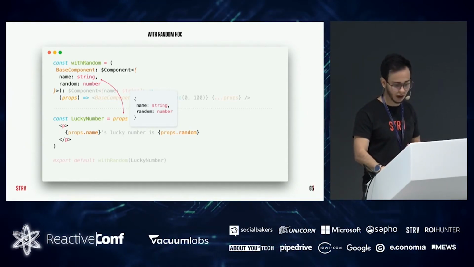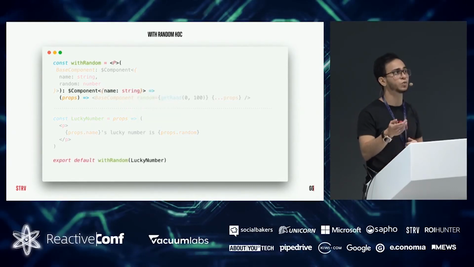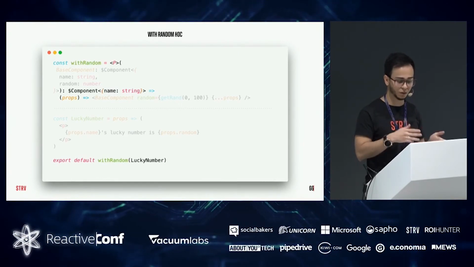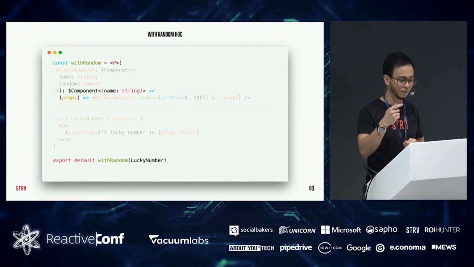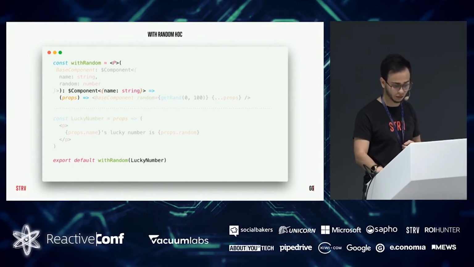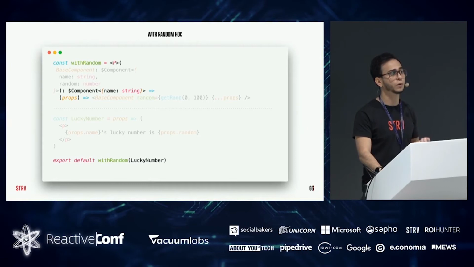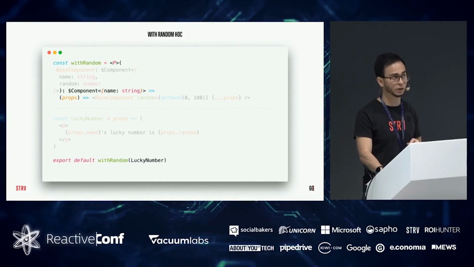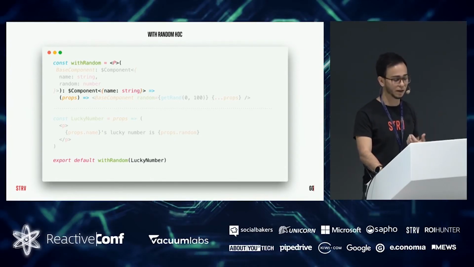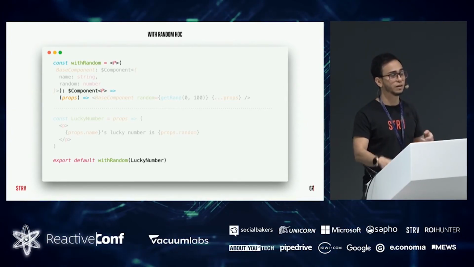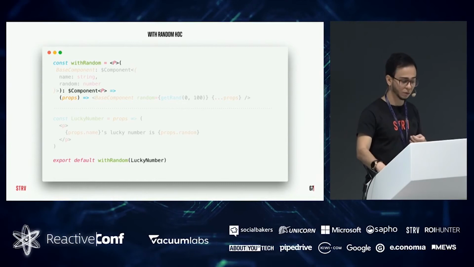So let's start adding some generics. And just remember, we just put in the angle brackets before the function call the P, which is going to be our props. And what we want is to get the properties from the parent, so the properties that are passed to this component. So we're going to replace P in the return type in the outer component.